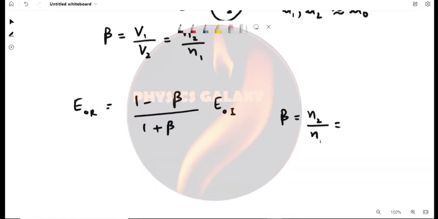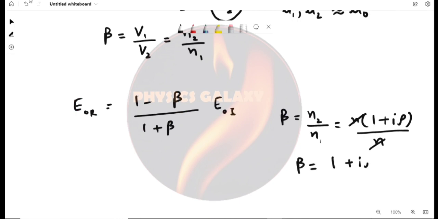So I will put the values: n times 1 plus iota rho divided by the refractive index of the dielectric medium, which is simply n. So n cancels out, and beta will be 1 plus iota rho. If I substitute here, it will become 1 minus iota rho, so minus iota rho divided by 2 plus iota rho.